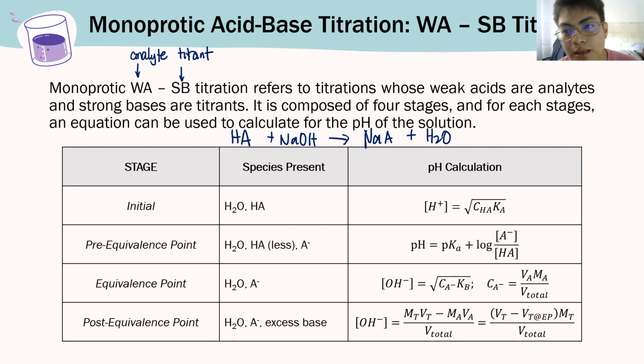However, ano pa yung special with weak acids, no? or weak base din. Ano yung special sa kanila? 'Di ba ito yung acid niya, okay? According to the Bronsted-Lowry definition, okay.